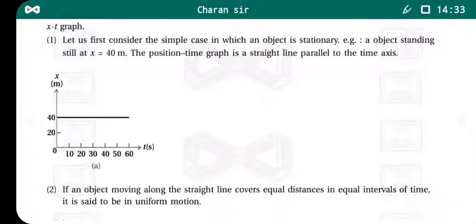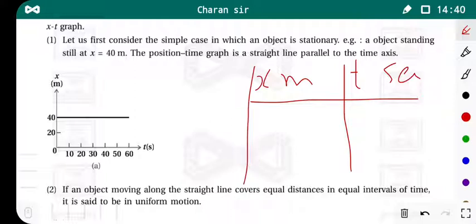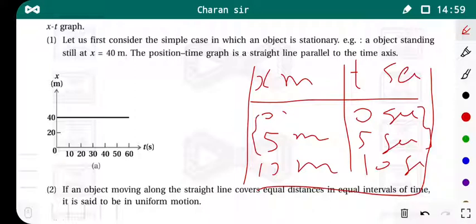Suppose this is x, the distance covered by the object, and this is time given in seconds. At first, at 0 seconds our object is at 0 meters, but after 5 seconds our object covers 5 meters, then at 10 seconds it covers 10 meters. So you can see that in intervals of 5 seconds our object covers 5 meters. Okay, so in between 5 to 10 seconds our object covers 5 to 10 meters, that means 5 meters. So this is the uniform motion.